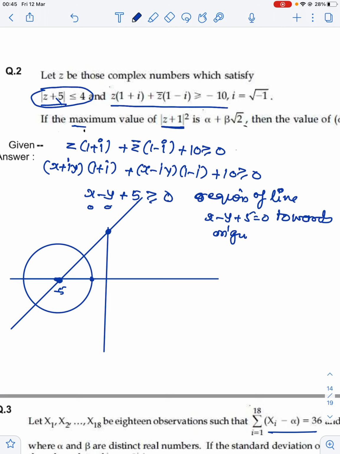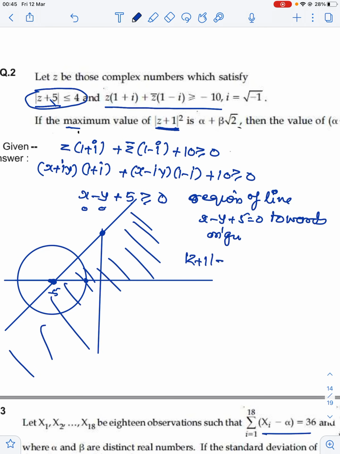Now for the complex numbers related to the circle, also inside the circle, now we need what? Amongst these complex numbers, our area is this basically, where the complex numbers satisfy these two relations. So we have to find the value of |z + 1| squared. So |z + 1| means the distance of z from minus 1.